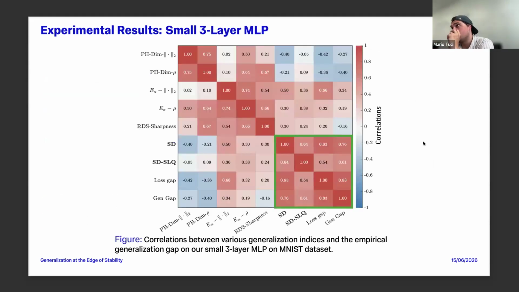And what we observed is that we do way better than previously used topological quantities. We can even see that the persistent homology correlates negatively, but our sharpness dimension correlates in the Kendall tau at almost 76%. I always say it the wrong way. So 76%, yeah, we see it performs quite well.